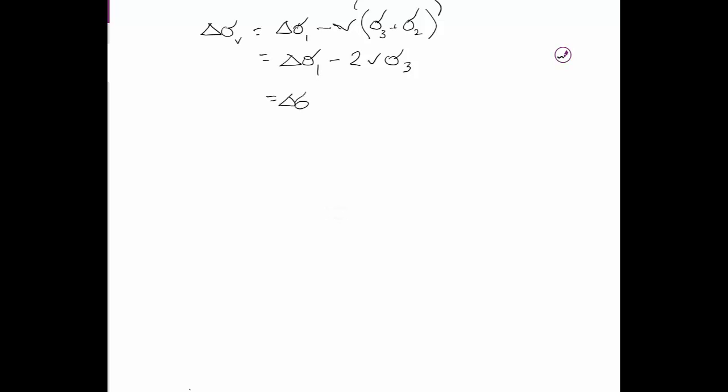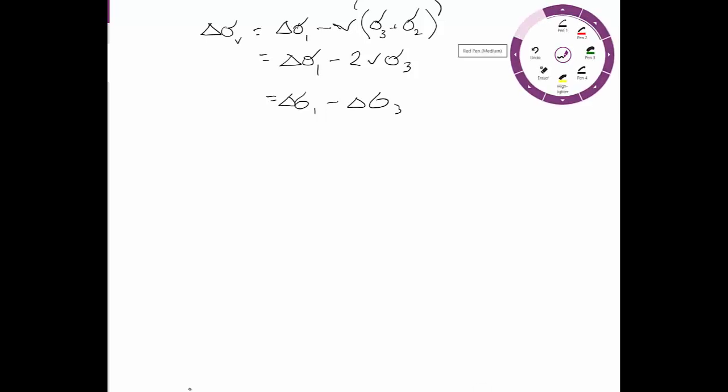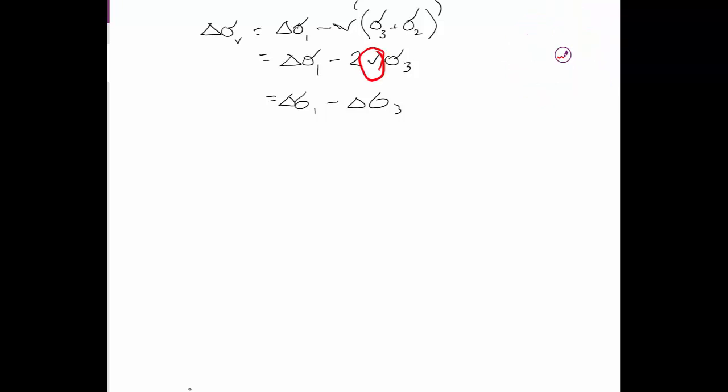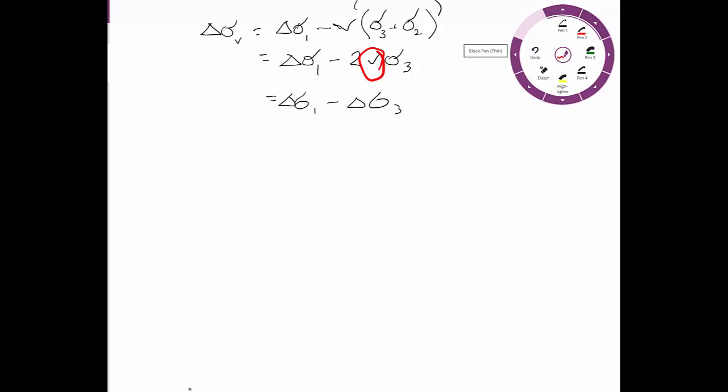the change in sigma 1 minus the change in sigma 3. If you remember, Poisson's ratio here is 0.5. So 2 times 0.5 is 1.